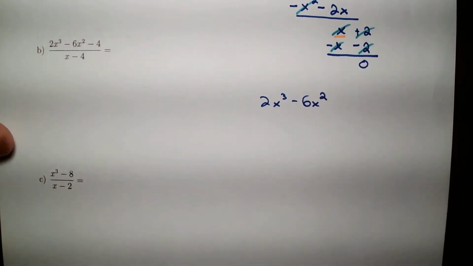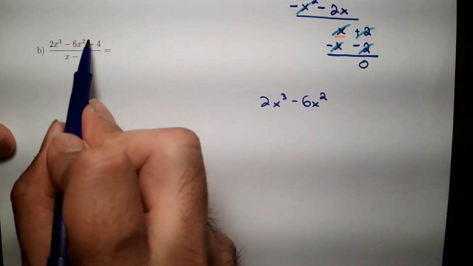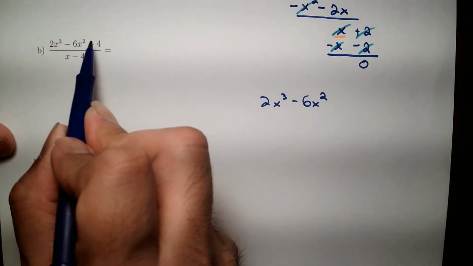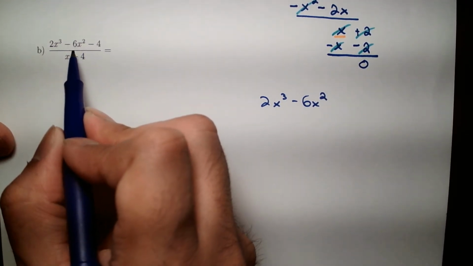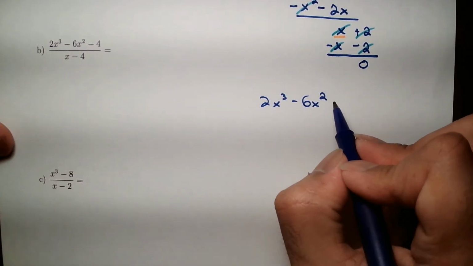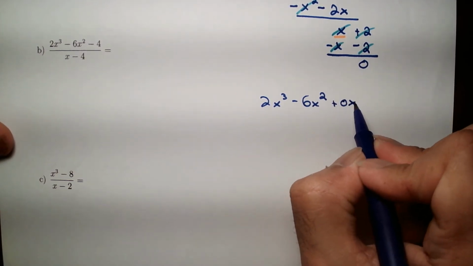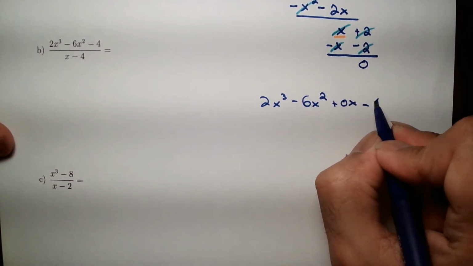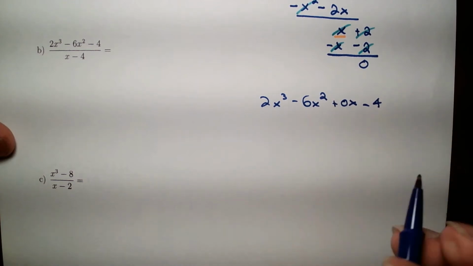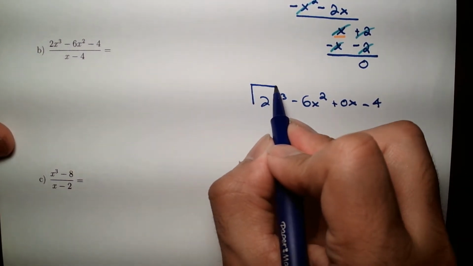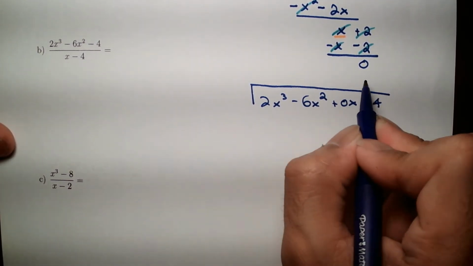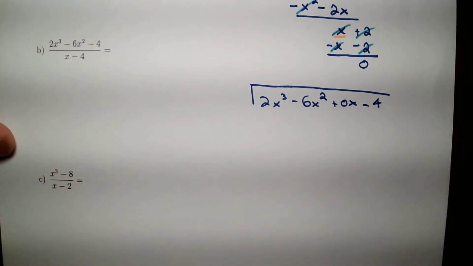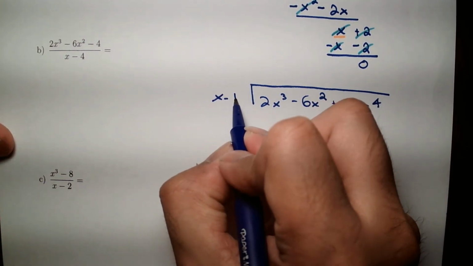However, notice something interesting here. The term that has x to the first power is missing. In this case, what we need to do is add a placeholder, plus 0x, and then minus 4. The reason why we add this placeholder is only to have a good organization of the terms once we perform the division, and then over x minus 4.